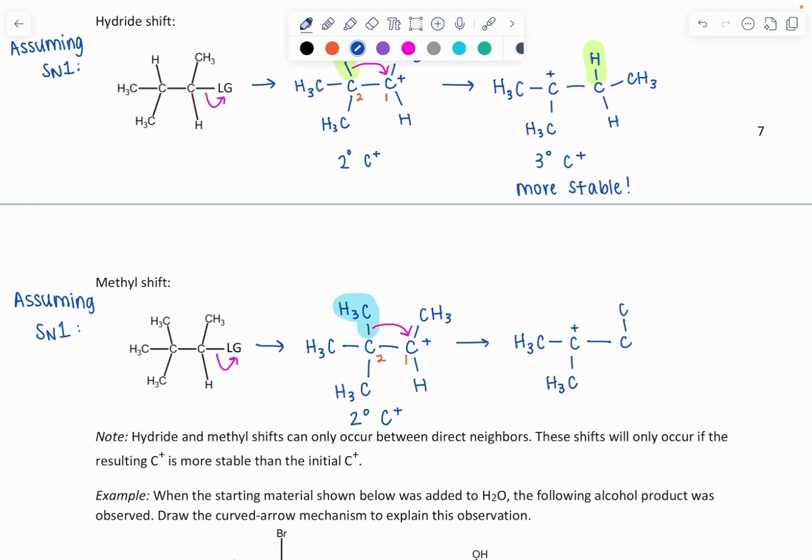And then what was the carbocation is now bonded to 4 different things, so it's not a carbocation anymore. The methyl that shifted over is now bonded to that carbon. The carbocation generated is bonded to 3 other carbons now, so it is a tertiary carbocation, which again is more stable.